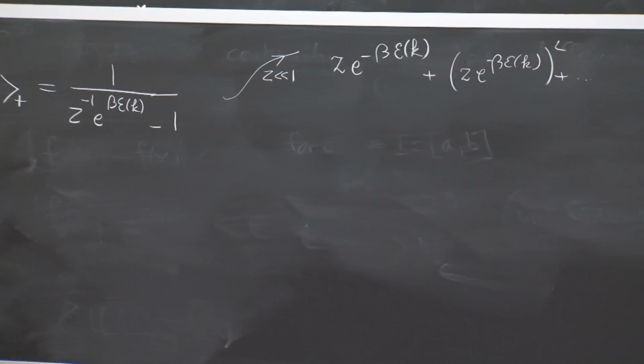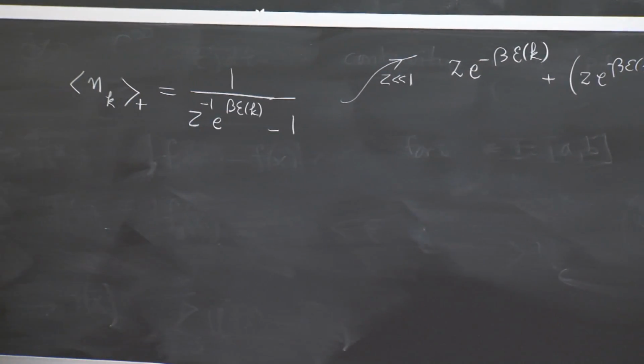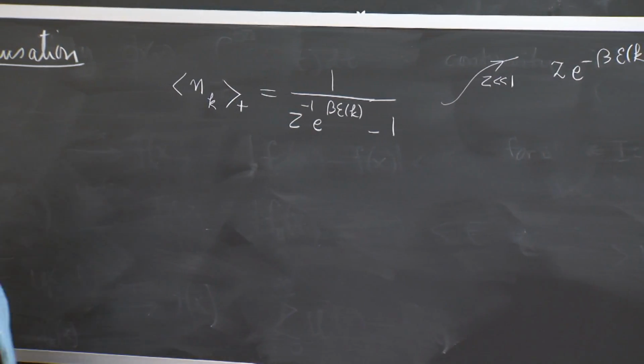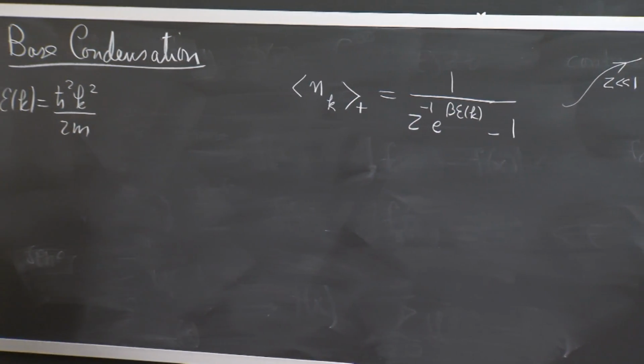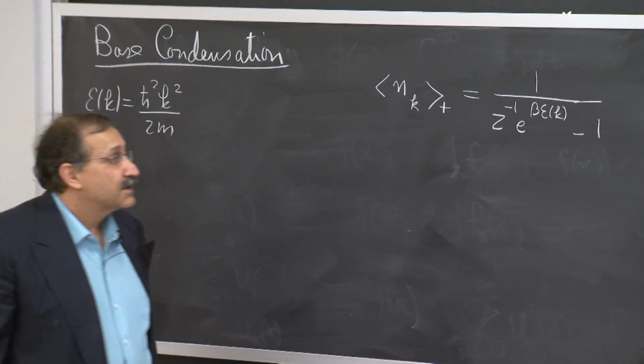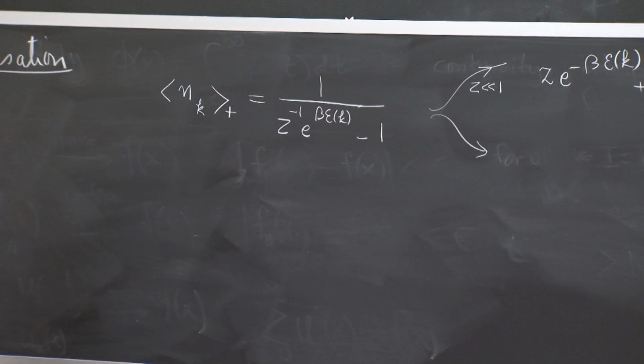Okay? Now, that is always the case. This is a function that, as epsilon of k becomes larger, no matter whether you expand it or not, becomes less and less.